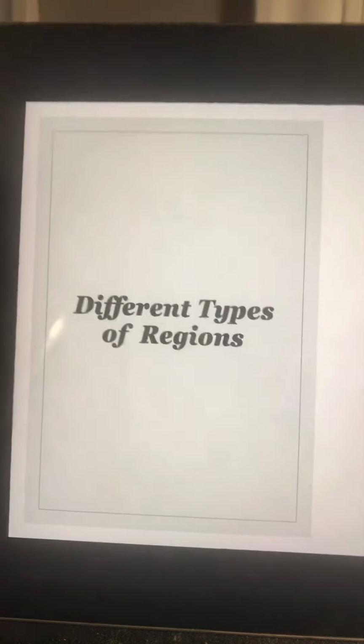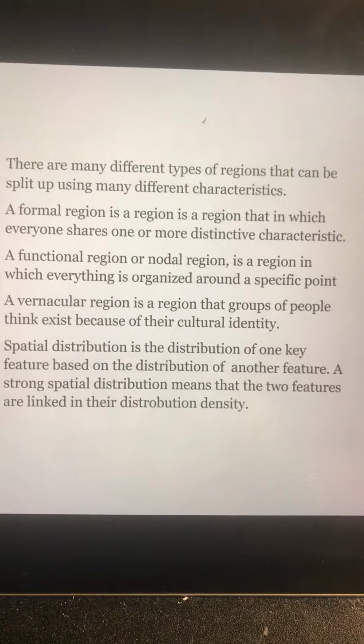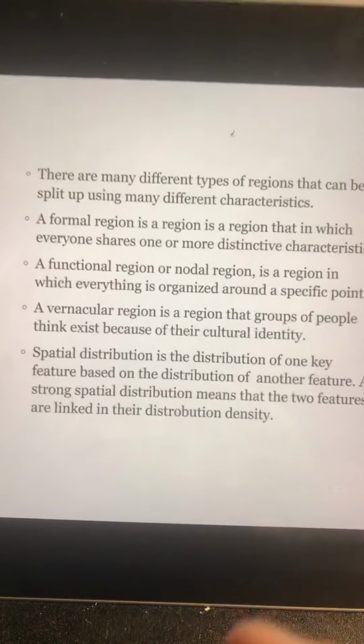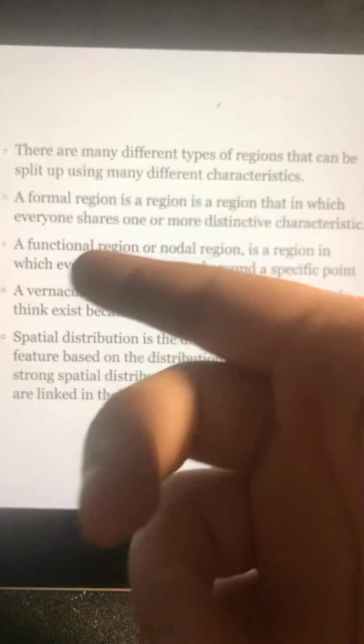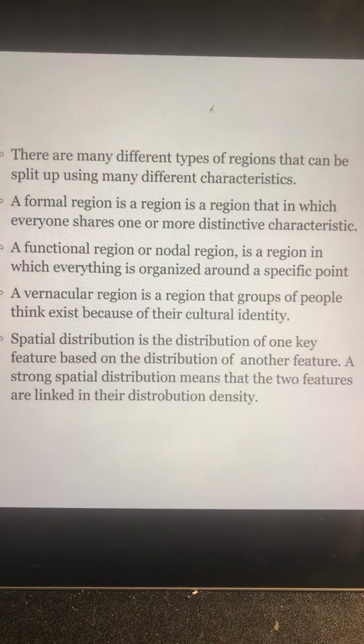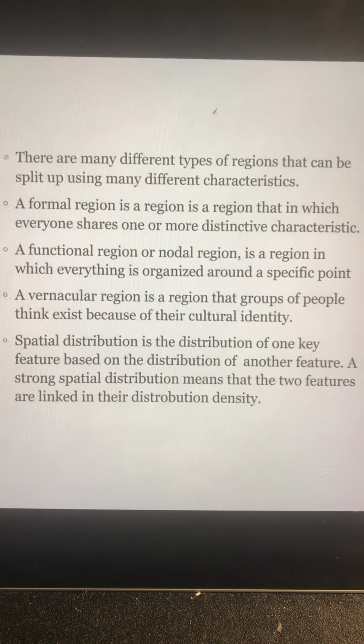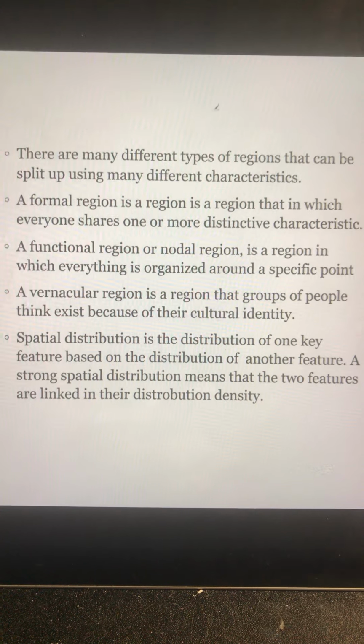Our next slide is the different types of regions. There are many different types of regions, and they all show different characteristics. A formal region is a region where everyone shares one or more distinctive characteristics. If you go to the South, one distinctive characteristic is accent and using specific words.